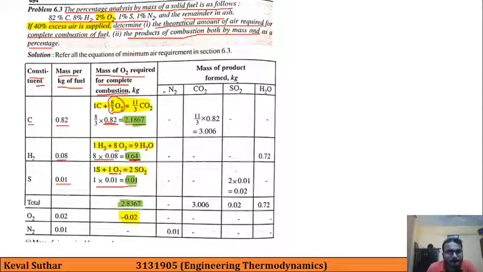Now we need to calculate the mass of product formed in kg. The product here is CO2, so other things are not counted.